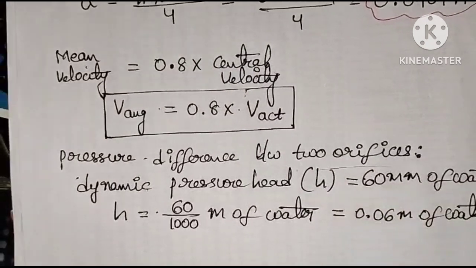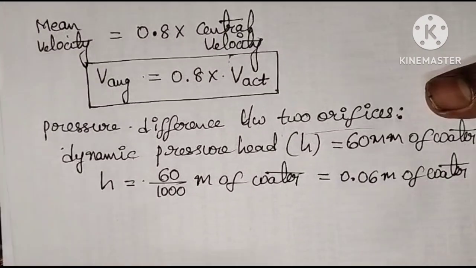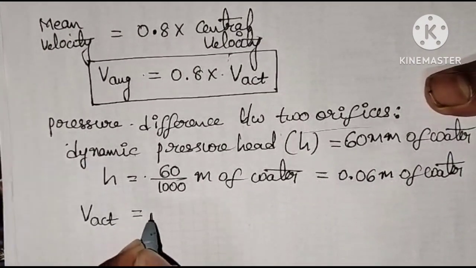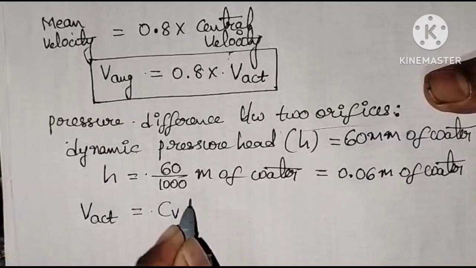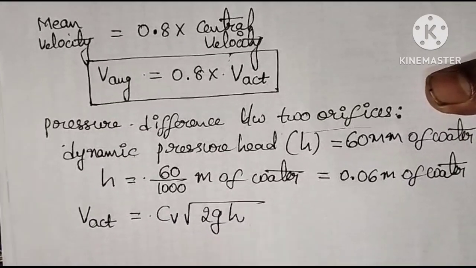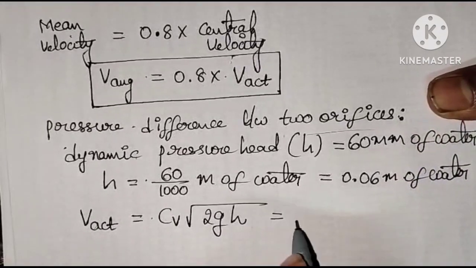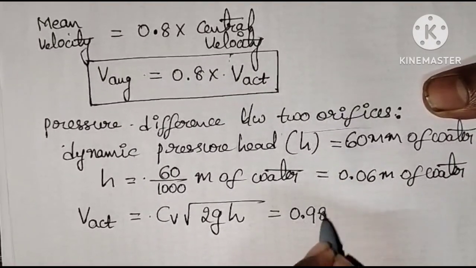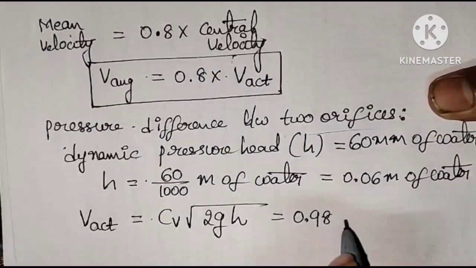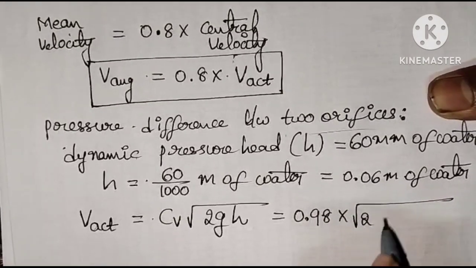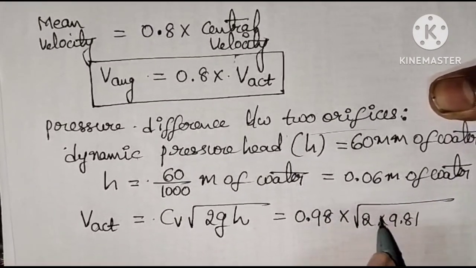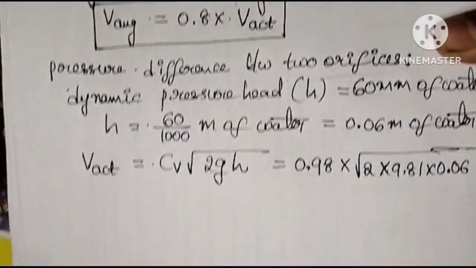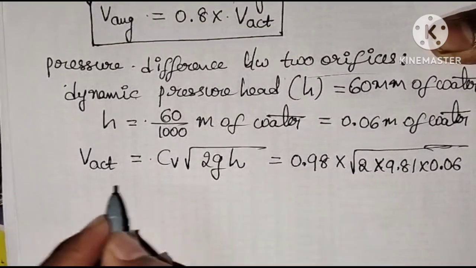Now let us find the actual velocity. Actual velocity is equal to Cv into root over 2gH. Coefficient of velocity Cv is given as 0.98, into root over 2 into g value 9.81 into H, which is 0.06.